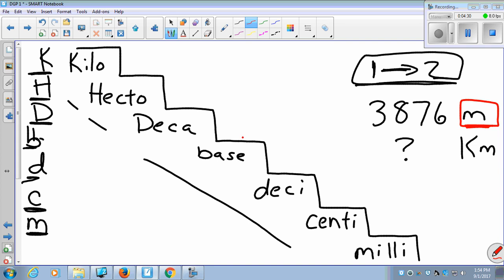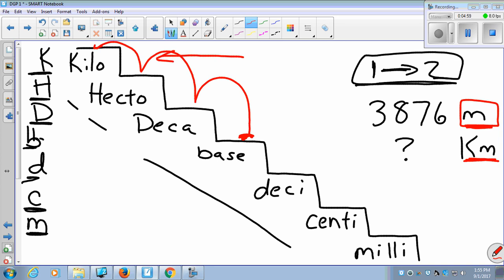So I start with my pen right here on the base. All we're going to do is move back or forth and move the decimal place. So from meters to kilometers, I'm going to go from base, and I'm going to go 1, 2, 3 bumps. I went 3 bumps to the left.